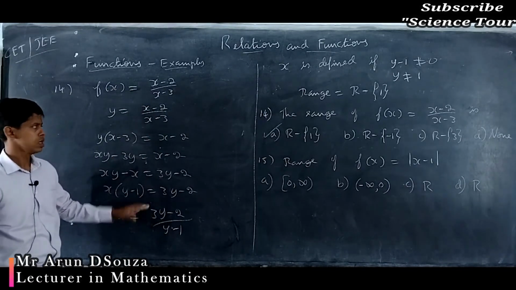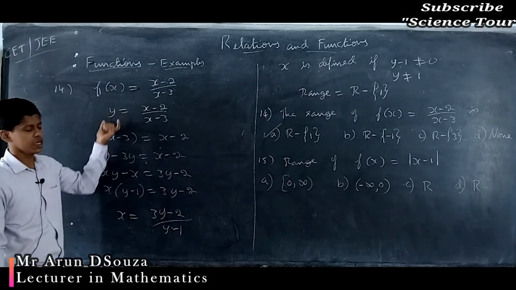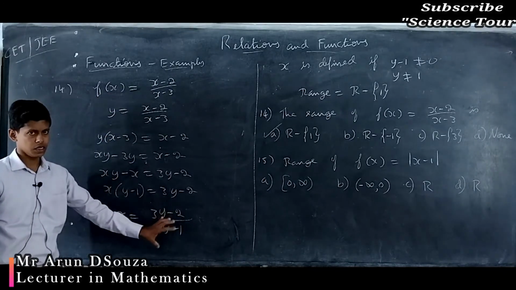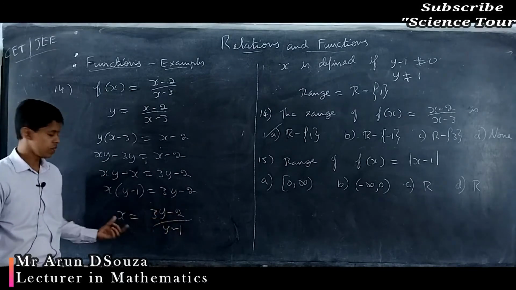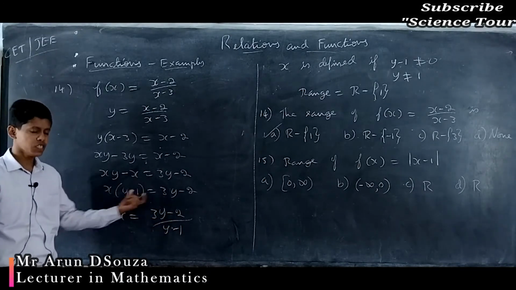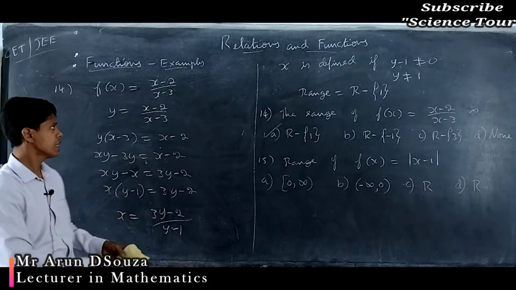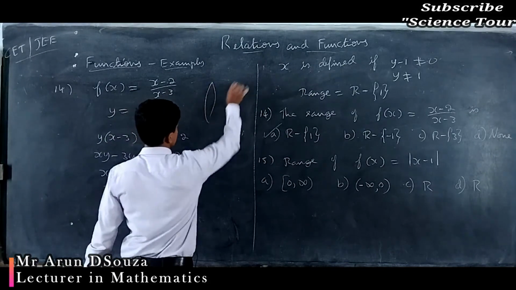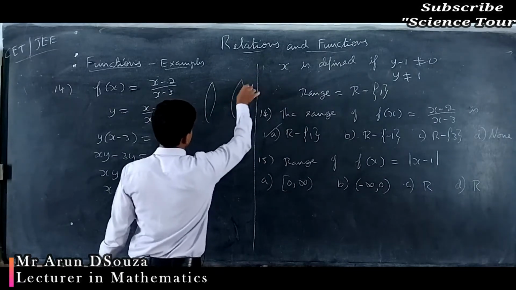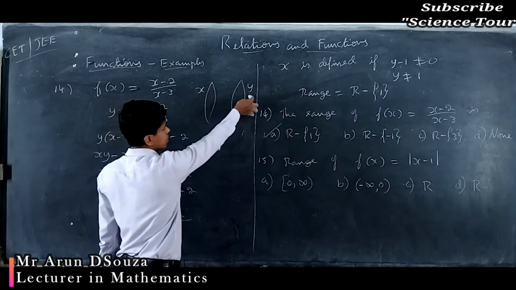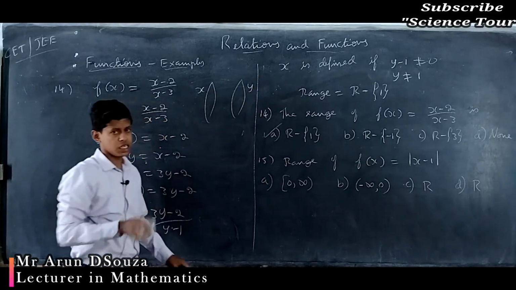Please understand this. First write f of x as y, then try to express x as an expression in y. Now understand for which values of y x is defined, and those values of y are the range values. These are the domain values, and the output values, the y values, are the range.